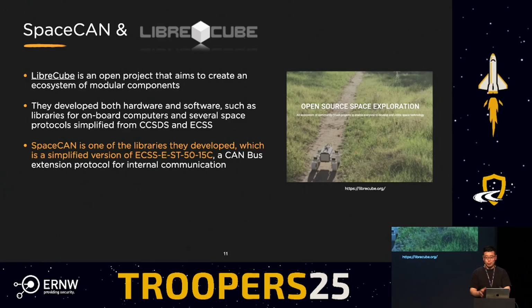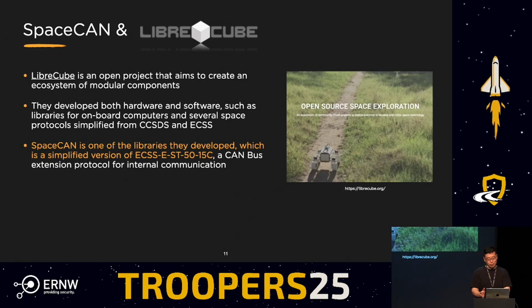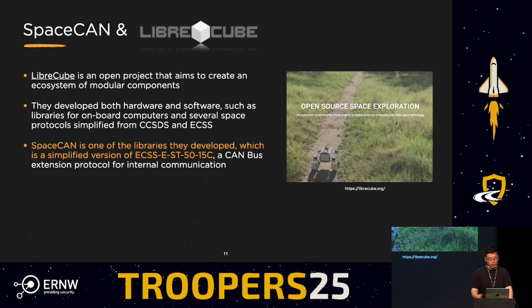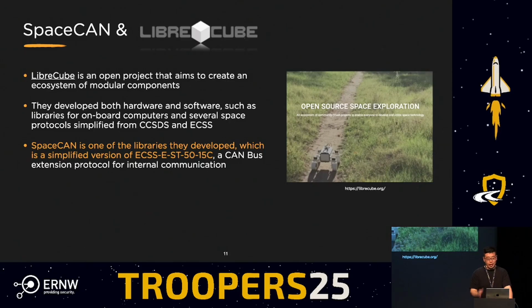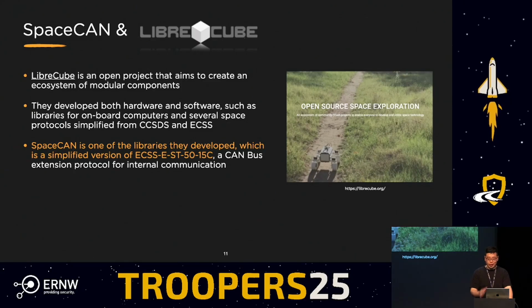For example, satellites themselves, and also exploration vehicles or something. They want them to use the same kind of protocols. Basically, they develop their protocols based on the CCSDS and ECSS standards from NASA and ESA, and they just simplify those standards.